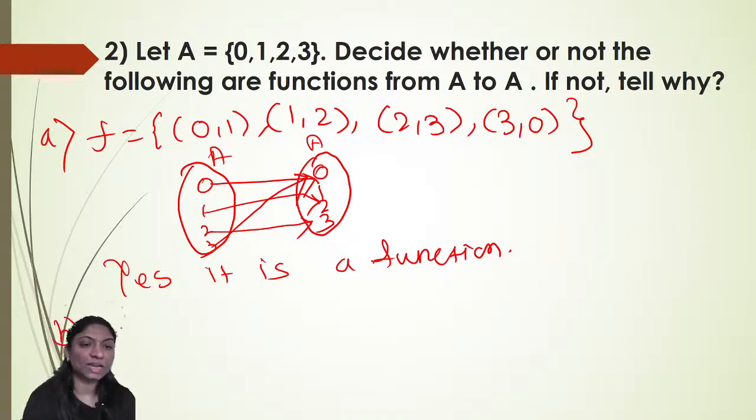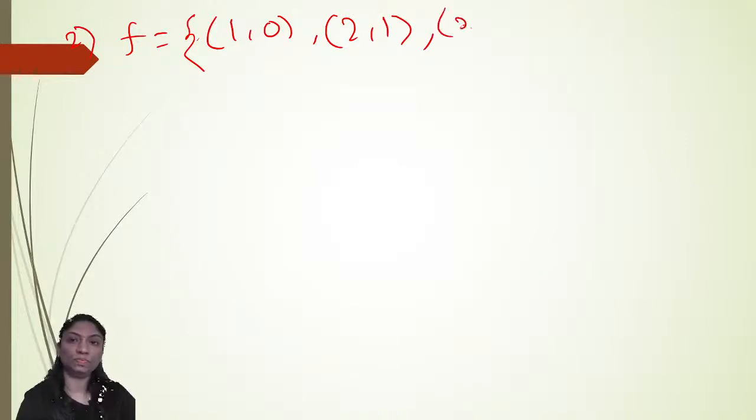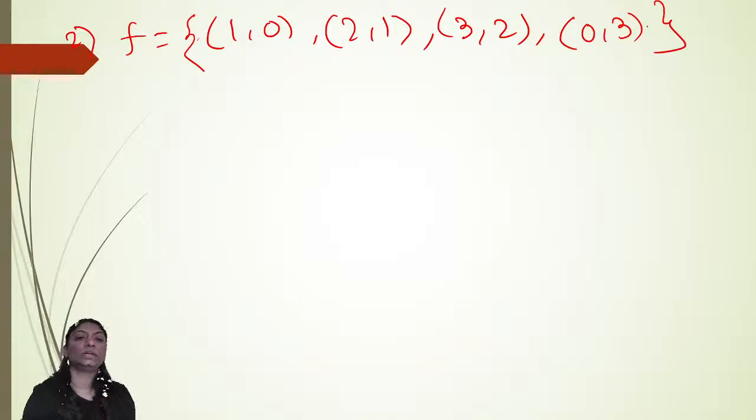Right. Now the second given function, f is equal to... Here the second function f is given. Go to the next page, that will be better for you. Second one, f is equal to {(1, 0), (2, 1), (3, 2), (0, 3)}. Right? So you can draw the diagram.